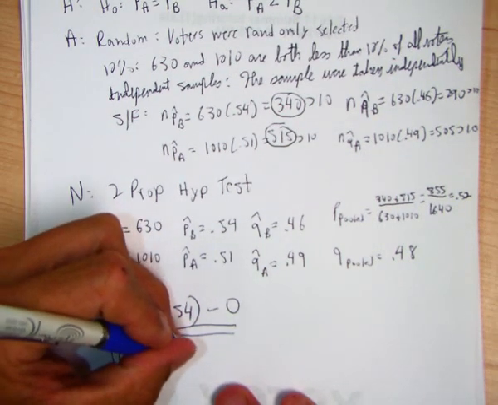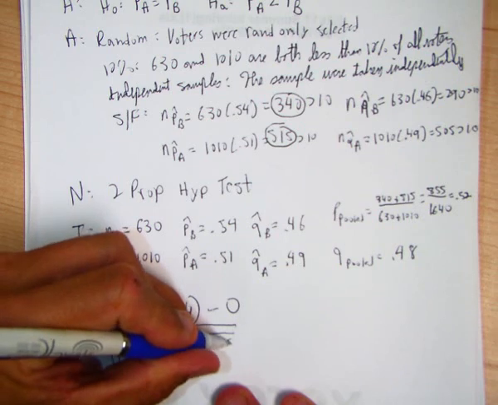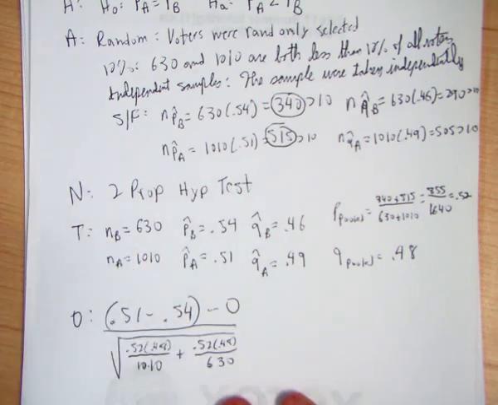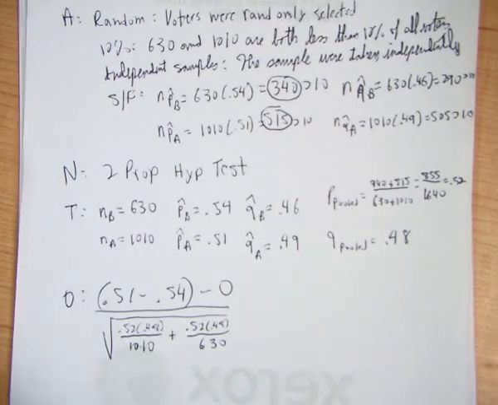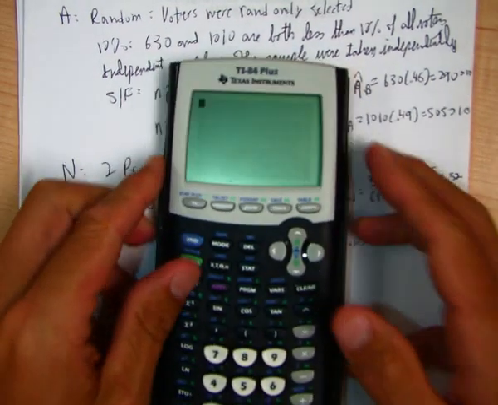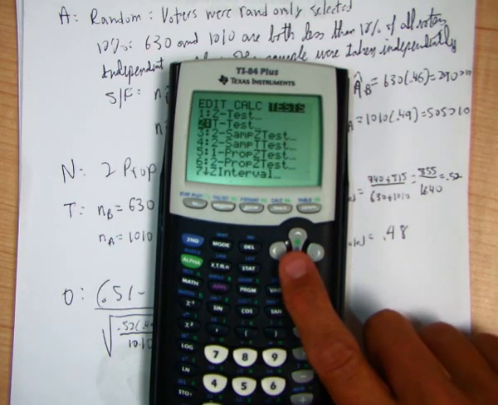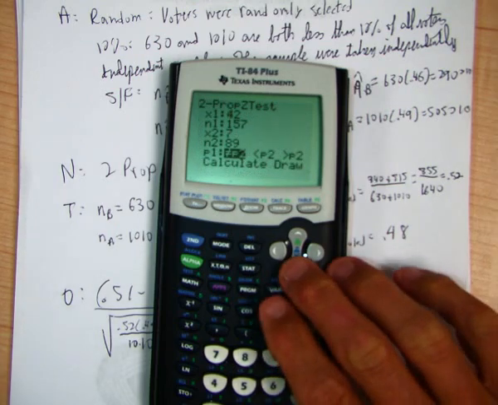Now I'm going to do the before. Okay, so that's how we obtain it. And then we're going to do a 2-PropZTest on the calculator.